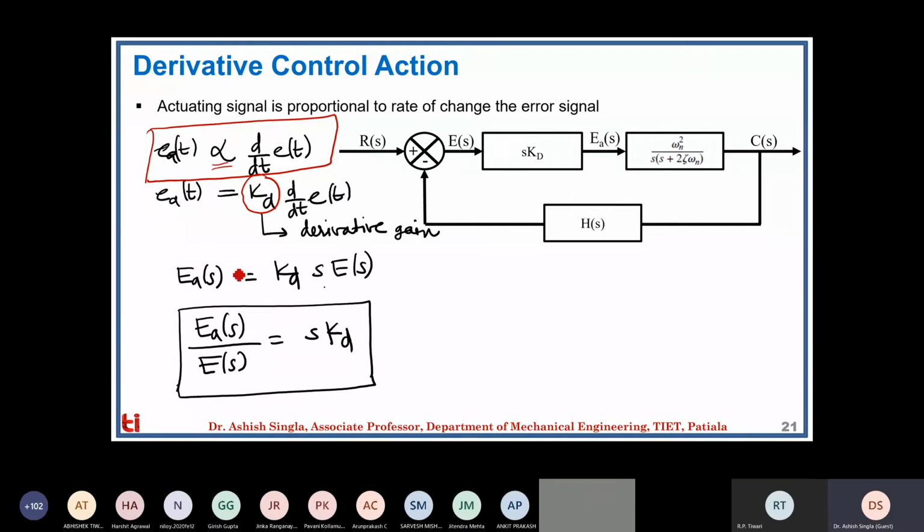If we convert this to a Laplace transform, d by dt will be represented by s. So if we take the transfer function as output by input, using the Laplace transform we have the gain as s kd. That is what is used here as the derivative gain. Instead of kp, we can use s kd.